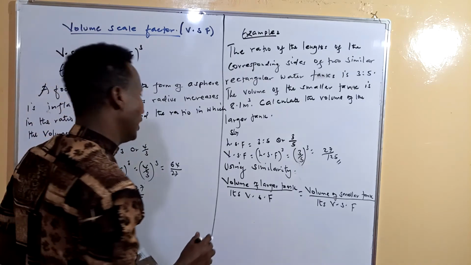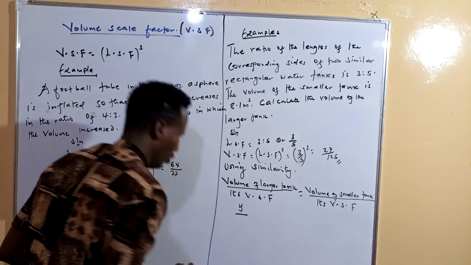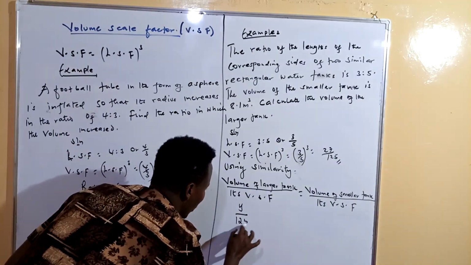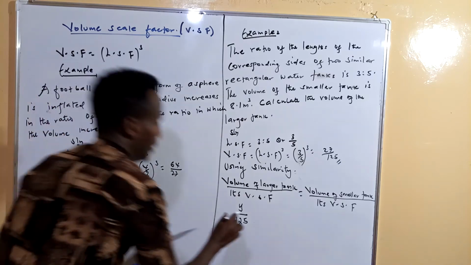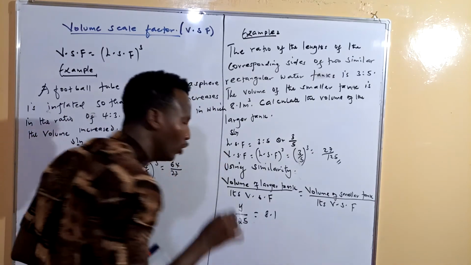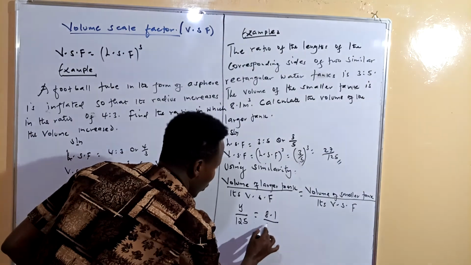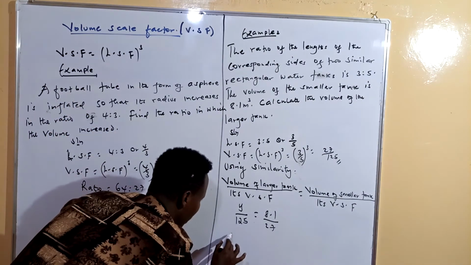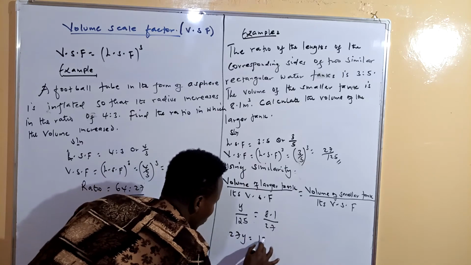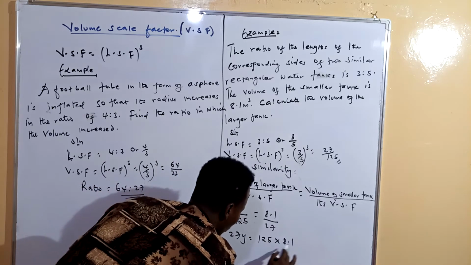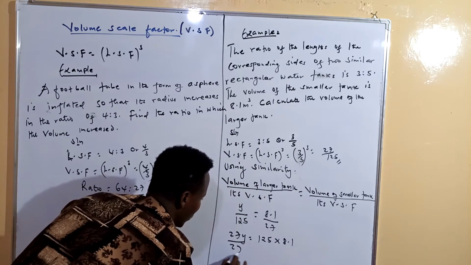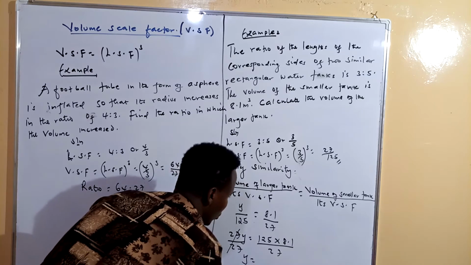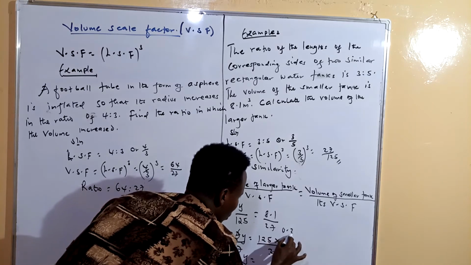We don't have the volume of the larger tank, so we say y, which represents the volume of the larger tank, over 125, is equal to 8.1, the volume of the smaller tank, over its volume scale factor, 27. Then you can cross multiply. By cross multiplying, you have 27y is equal to 125 times 8.1. Then to get the value of y, divide by 27 on both sides and cancel. Then y is equal to 125 times 0.3.